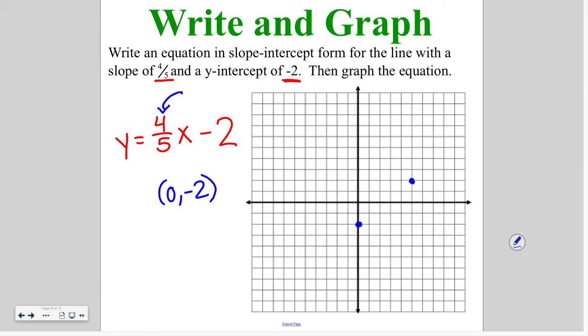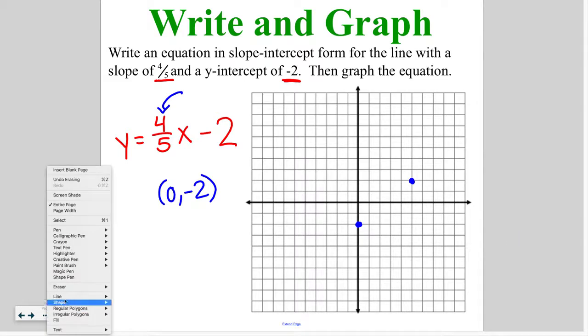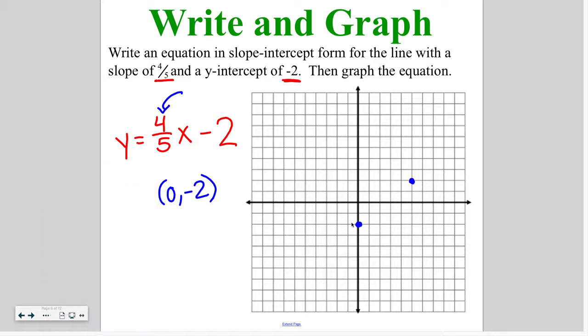I was just using them as a visual to help you see what is happening. Then you need to go ahead and connect those points using your straight edge, making sure that it is going all the way through the entirety of the graph, and finally putting those arrows onto the end to show that the line continues on forever.